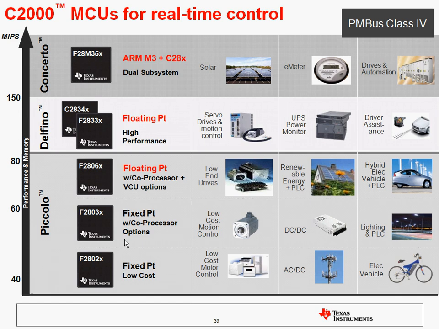They're going to have floating point CPU and/or multi-subsystems that are good for more industrial and energy type applications. And these applications here in red tend to be very popular areas where the C2000 is used, and you'll see a lot of motor control and drive control. That's a real popular use for these types of devices.